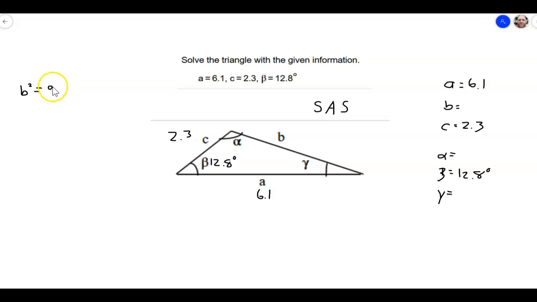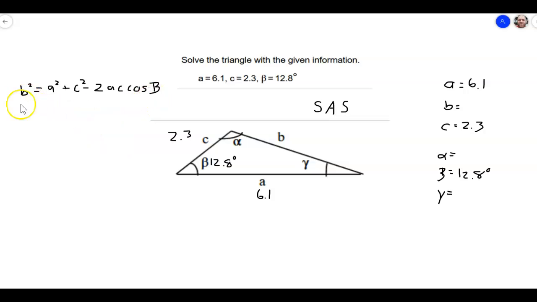So that's going to be a squared plus c squared minus 2 times those 2 sides, a times c, times the cosine of the angle that corresponds with my original side here. So that would be the cosine of beta.